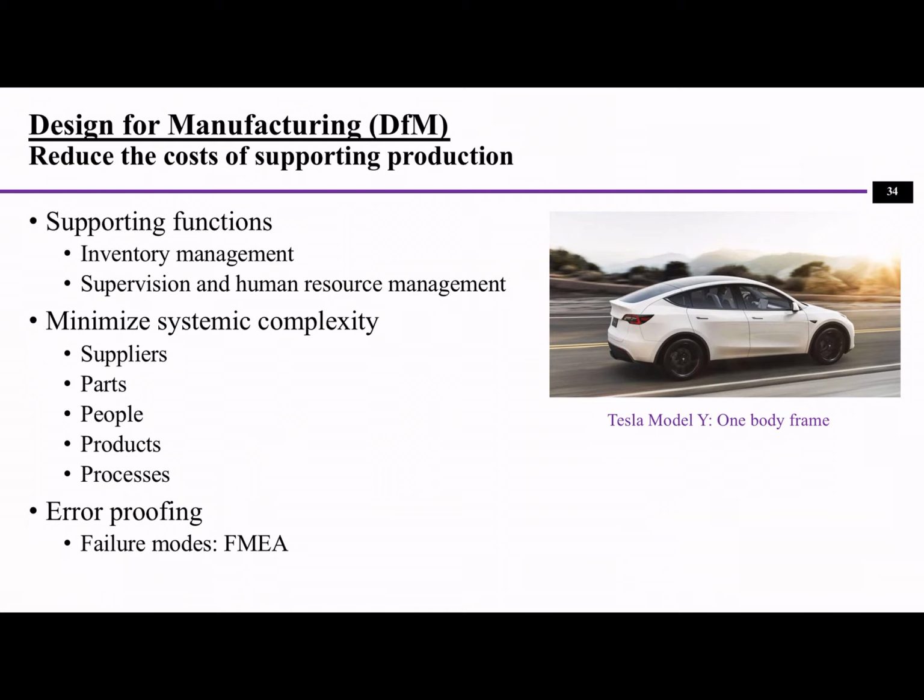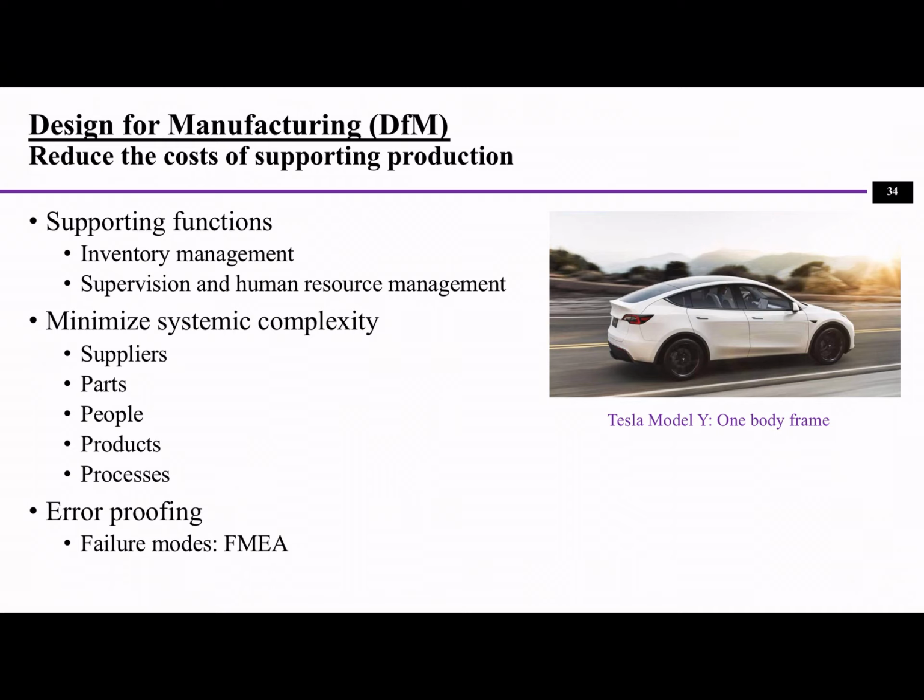So if the system is complex, you probably have to deal with this a lot. But if the manufacturing system is a little bit simpler, in this case, it will save resources, save time, and save supervision. That's why people have been trying to make manufacturing simpler instead of having a lot of complexity.